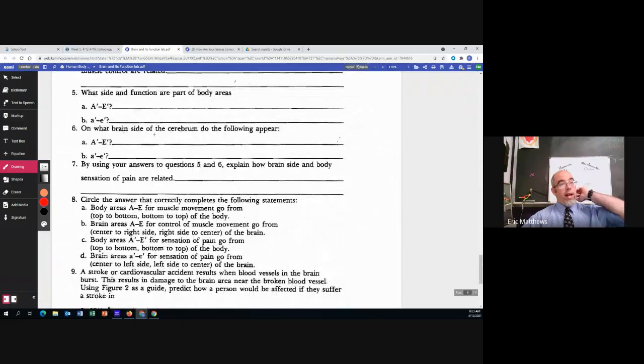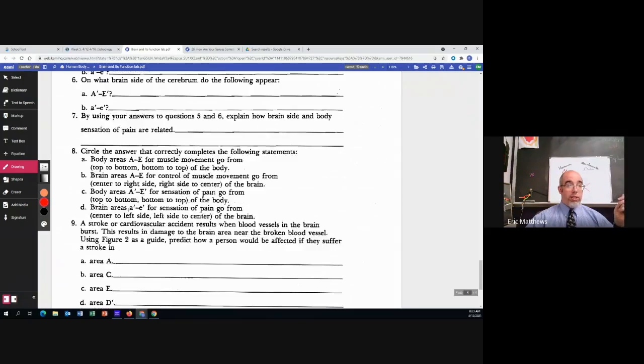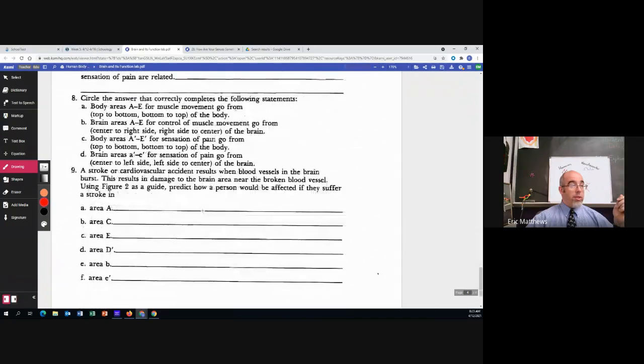What brain side do these appear? What side and function are those? By using your answers to 5 and 6, explain how brain side and body sensation of pain are related. Once again, which side does what? Circle the answers that are correct. Once again, from your diagrams.